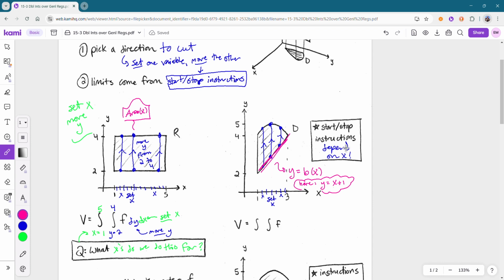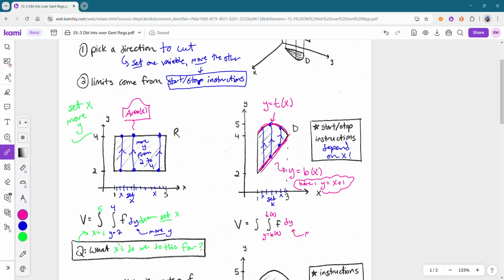Now, the stopping instruction for y, again, different y's, but always coming from this top function. So here we'd have some t of x top function that we'd stop at, and we're always starting at the bottom function, the line, and stopping at the top. And so those become our limits of integration for y. Y from b of x to t of x.